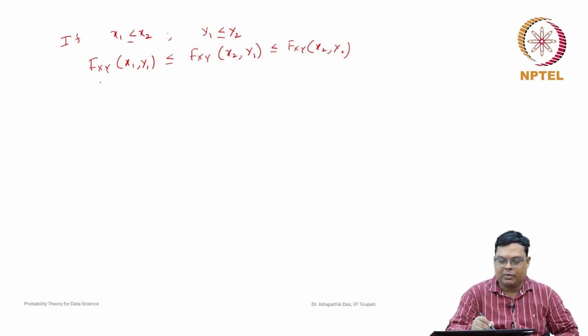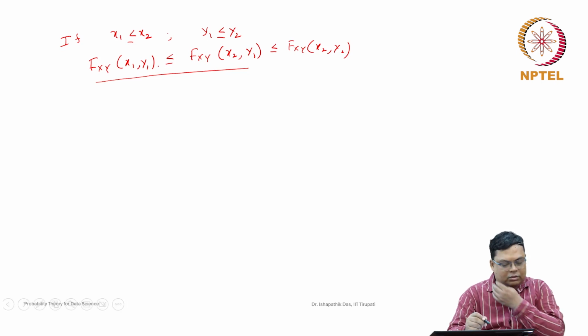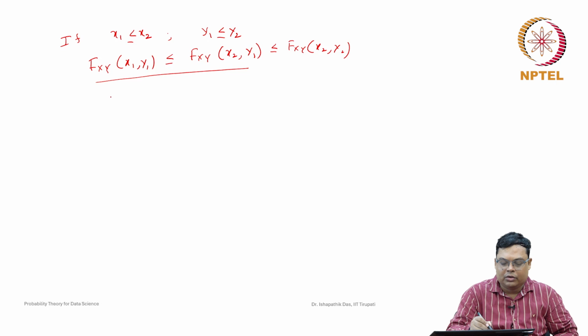In these inequalities you can see that we are fixing y1 here, one coordinate is fixed and one coordinate may be increased. So let us prove this. Similarly we can prove the others. So F_XY(x1, y1): what is this?